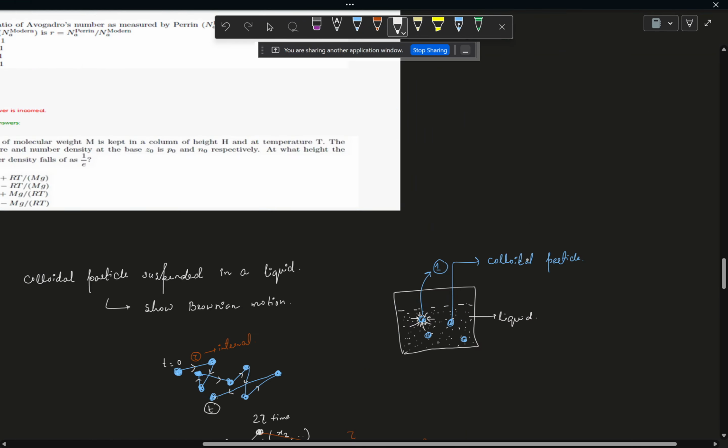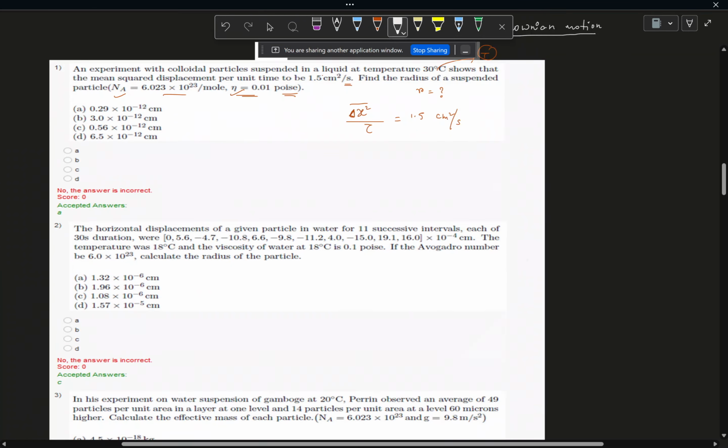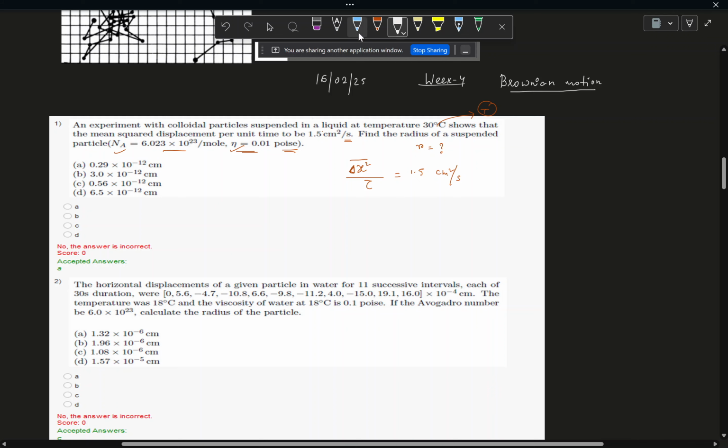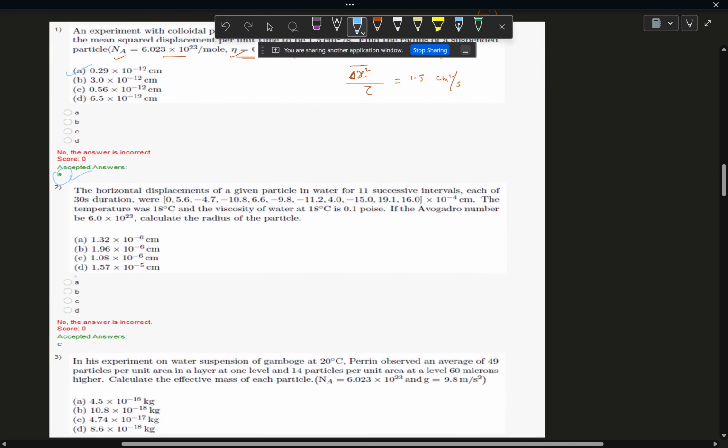So we have obtained the answer. Let us choose from the options. You can see the correct answer is marked here, this is A, and this is also the accepted answer. So this is right.